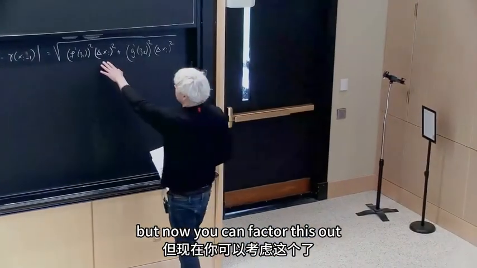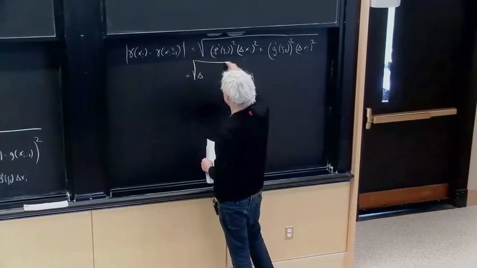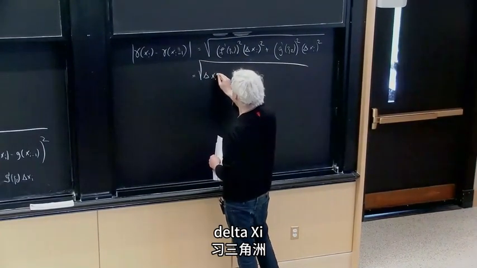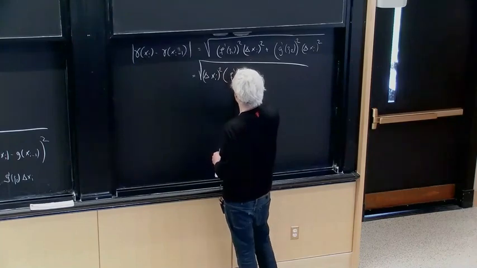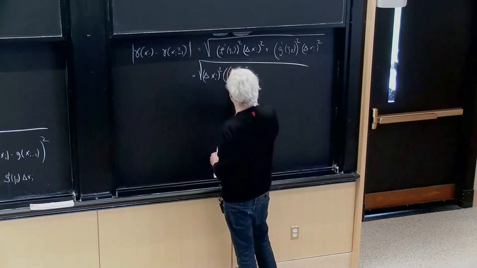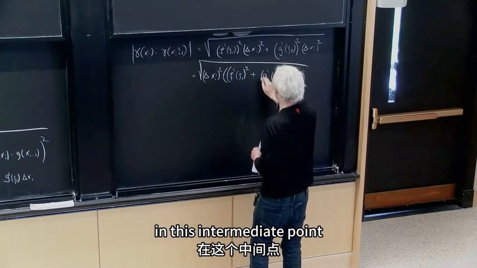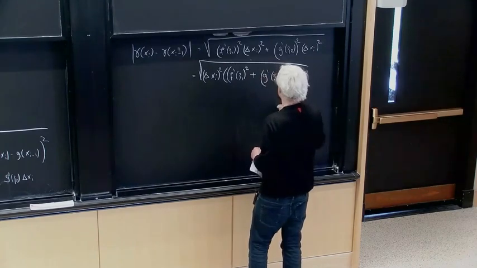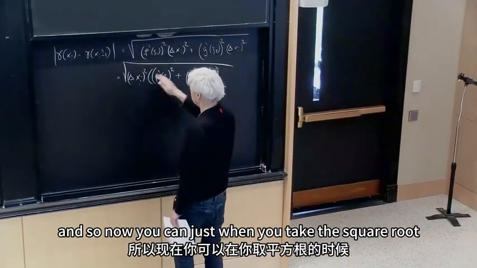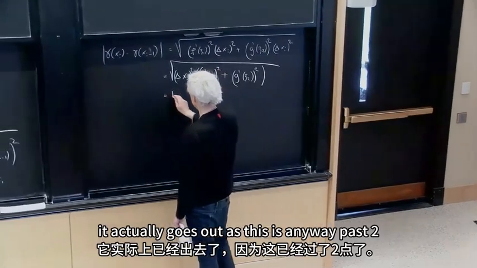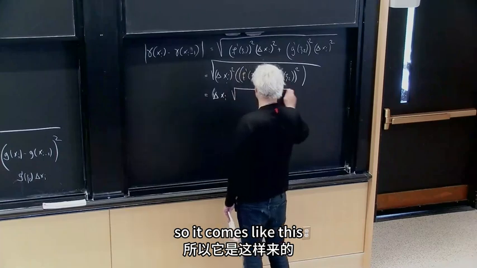Now you can factor this out, so you can write this as the square root of delta x_i squared times f prime squared plus g prime at this intermediate point squared. When you take the square root, delta x_i comes out, as it is anyway positive.